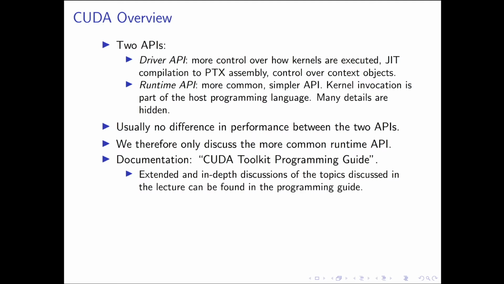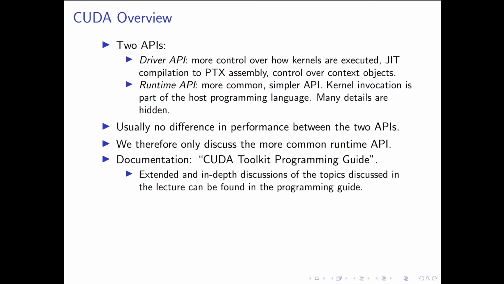The runtime API is actually a bit more abstract in that device code compilation is not in the hands of the user, in the sense that this happens at runtime and is performed using API functions. The runtime API is quite a bit more streamlined and hides certain things. For instance, there are context objects with the runtime API, but the developer never sees those context objects.